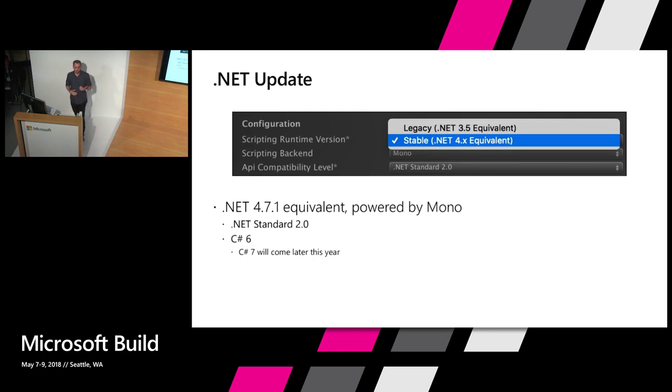With this update, Unity 18.1 also added their C# 6 compiler. So you get all the nice things that came in C# 5 and C# 6, a personal favorite of mine being string interpolation. And C# 7 will come later this year.